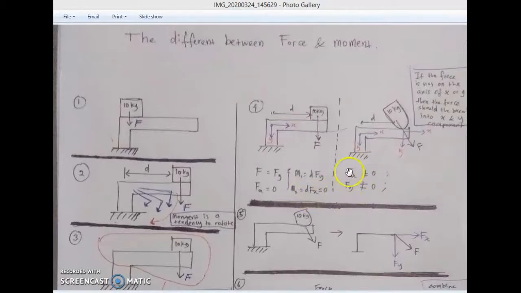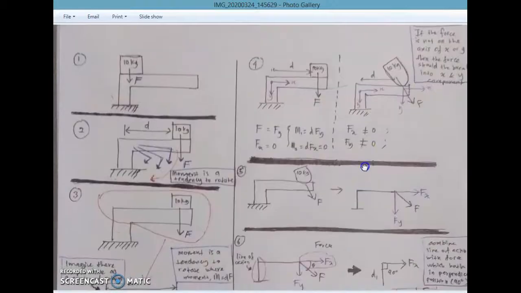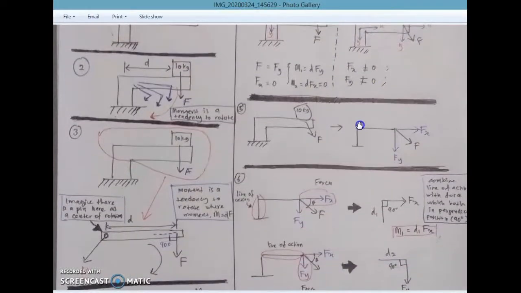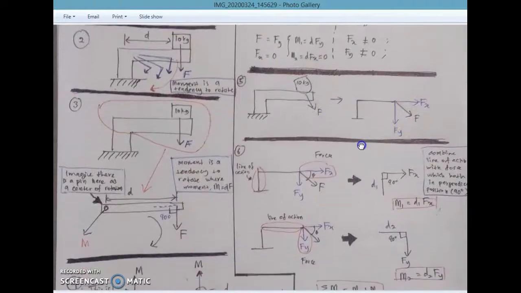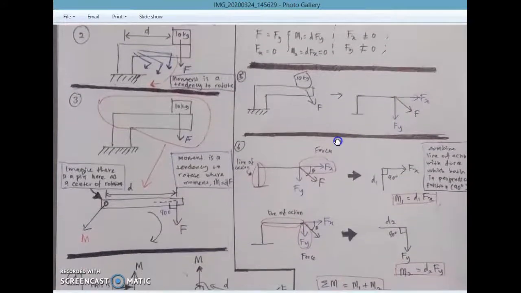But it is not like this in this case. In this case, there is a force in both the X and Y components.